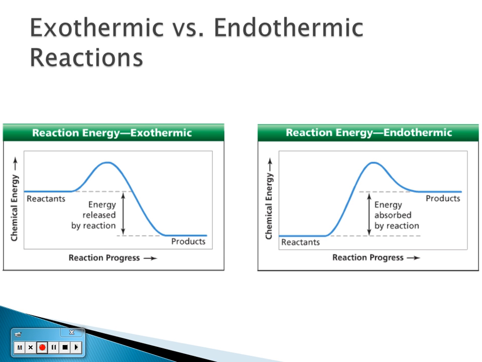It's lower. That's fine. Products can be lower than reactants. In fact, that's why a reaction should happen. But if the products are going to have less energy than the reactants, what else has to happen?